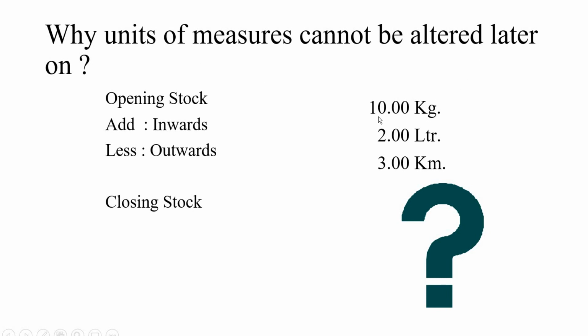Opening stock 10 kg, inwards 2, outwards 3, closing stock, it's a big question mark. See, when it is changed, we can see here kg, liter, kilometer, then this will be a big question mark, correct?